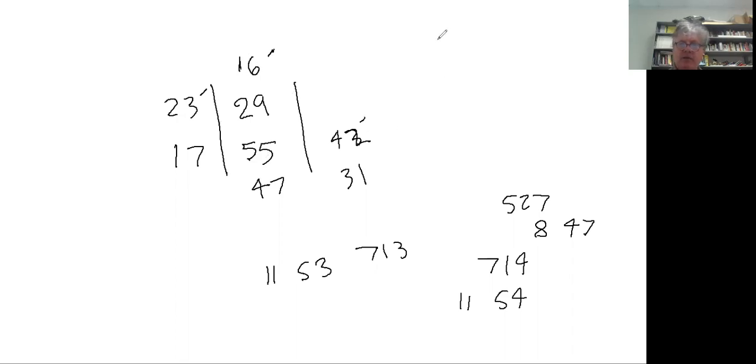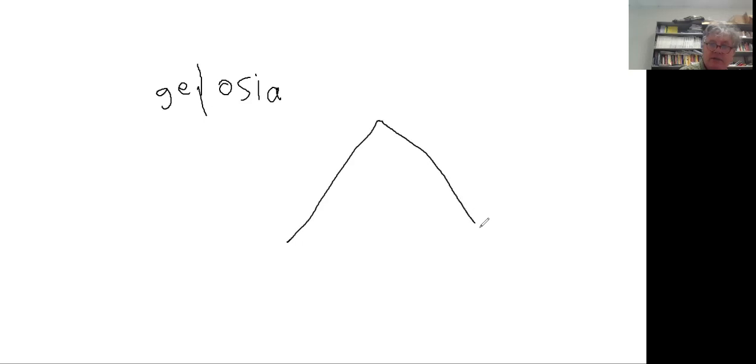Okay. And there was one other way that the Muslim mathematicians did multiplication. So let's put down 23, 17, 42, 31. And that's something called a gelosia. I'll just write that. And that is you'd form a diamond. And this works in base 60 or base 10.